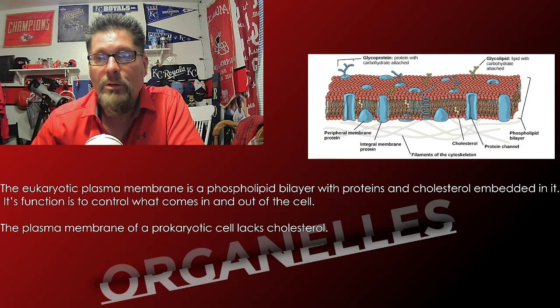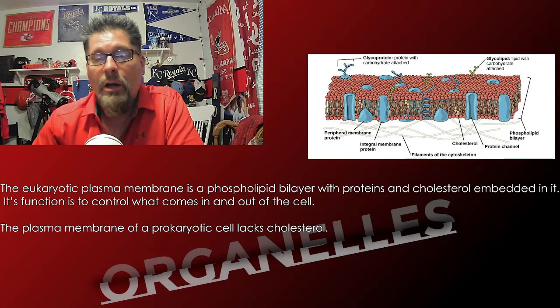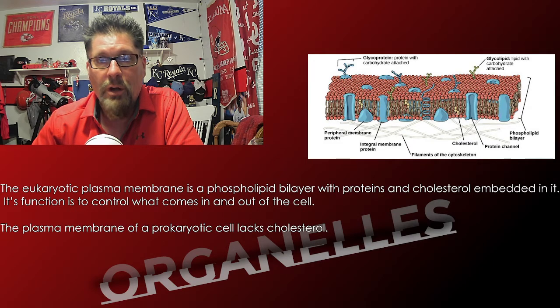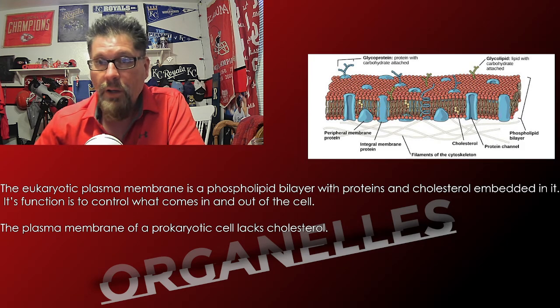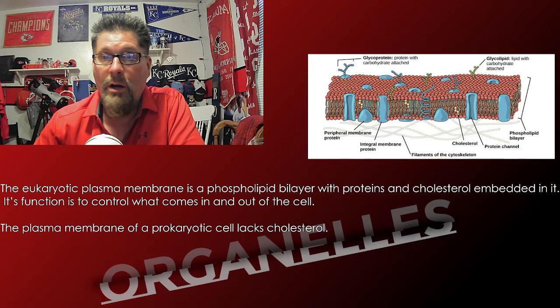But to start off with, it's designed to be kind of that first check of recognition, allowing things into the cell that are needed, allowing things that need to be out of the cell to leave. But more importantly, if something doesn't need to be in there, or I should say shouldn't be in there, then it can be rejected.